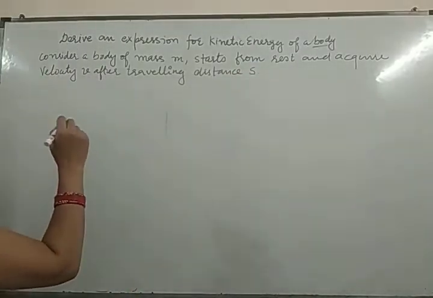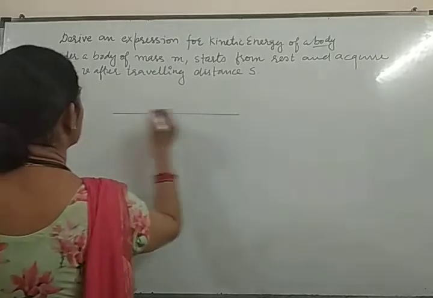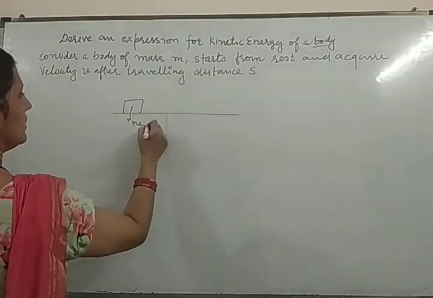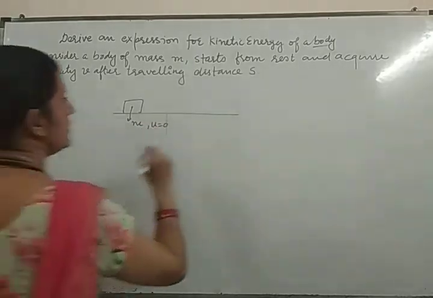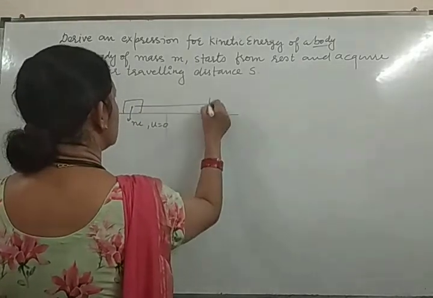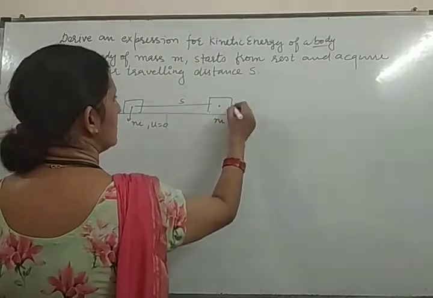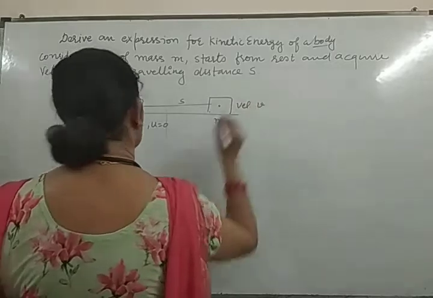Suppose the body is at this point. Here m is the mass of the body. Initial velocity u is 0. After traveling a distance s, the object is having velocity v.